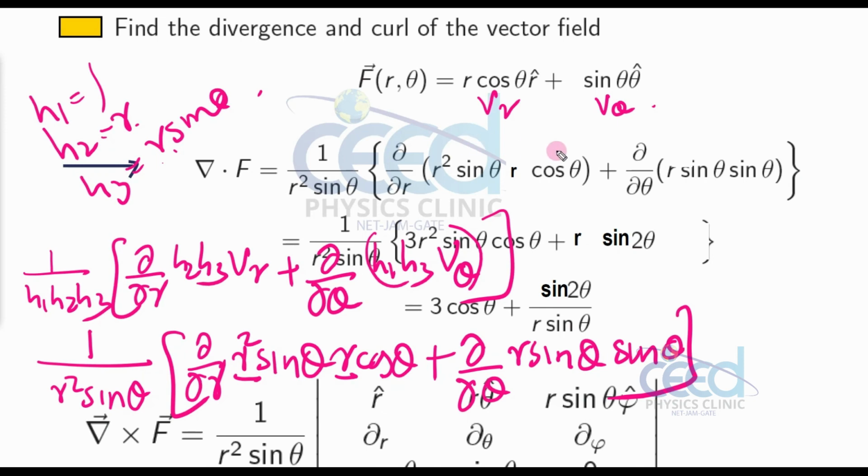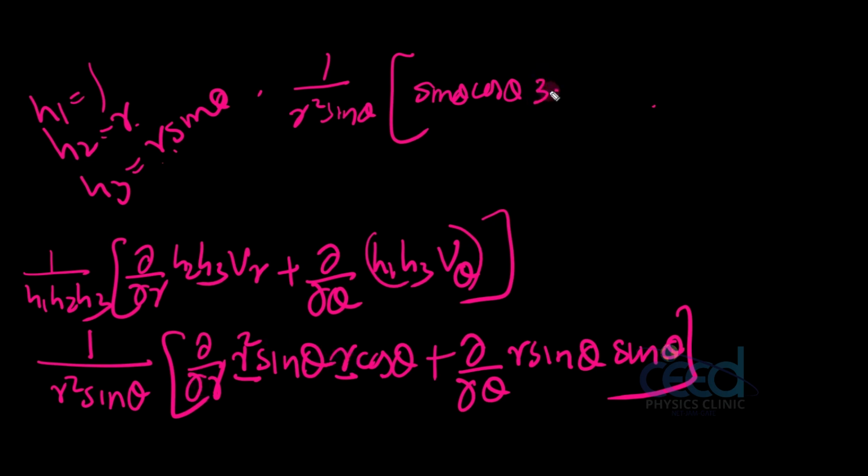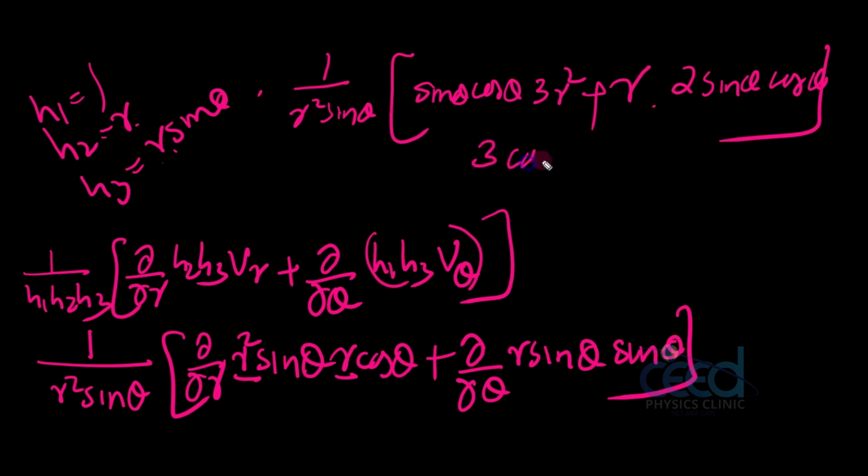Or let me go to the blackboard. Here we have 1 by r² sin θ into r² sin θ cos θ, which I can take out, sin θ cos θ, into r² times r cubed. With respect to r, differentiating gives 3r². And here we have r sin θ times sin θ, so I can take out sin² θ, and with respect to θ that is 2 sin θ cos θ. Okay, when I multiply these, r² cancels, sin θ cancels, and I have 3 cos θ here.